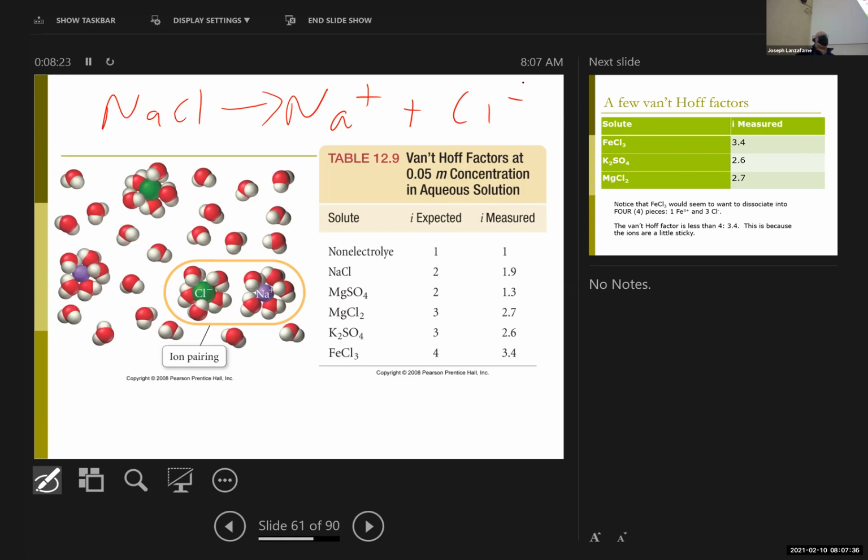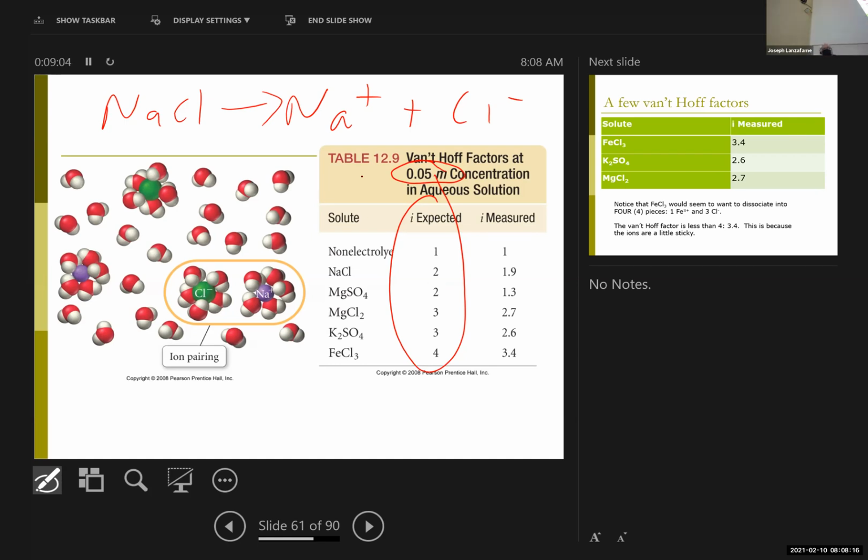In a pinch, I might only know the one I expect to get, because this is the actual number of pieces I would get. At very, very dilute solution, where it becomes less likely that they find each other and therefore stick together, the sodium chloride should give me two pieces, the magnesium sulfate should give me two pieces, the iron 3 chloride should give me four pieces. But as the concentration starts to go up, they start to ion pair. And so you'll notice this refers specifically to a 0.05 molal solution.